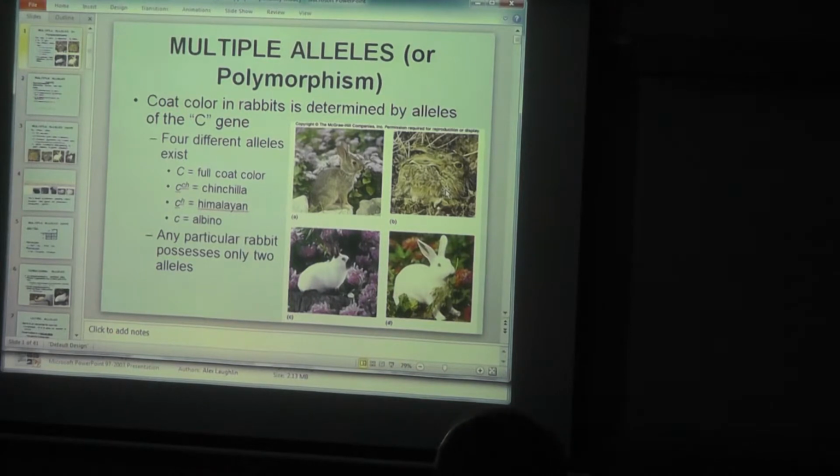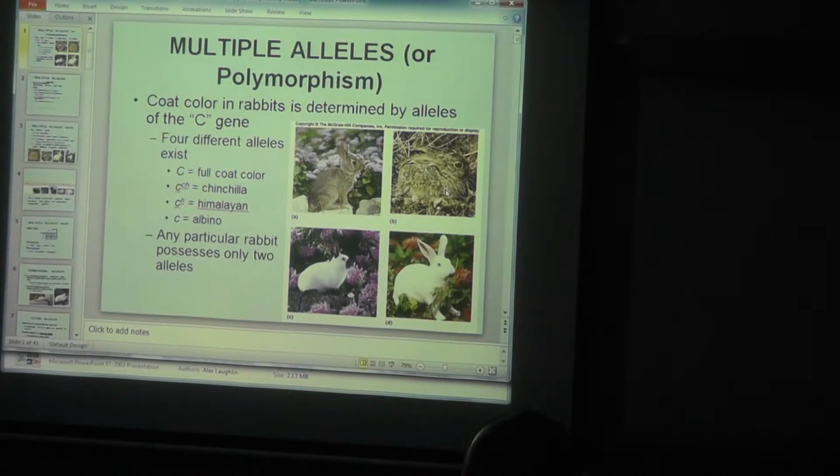How many phenotypes are here? There are 4. Very good. How many alleles are here? 4. Does everybody get that? How many genotypes will you get?